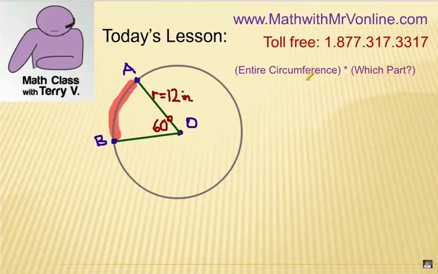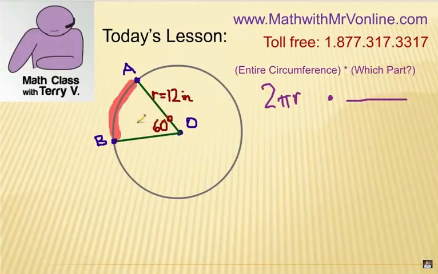Well, the formula I want you to know is we're going to take the entire circumference, so the distance all the way around the circle, and multiply it by which part of the circle we're talking about. All right? So here's what we do. We're going to take the entire circumference of the circle, which is 2 pi r, and we're going to multiply it by which part of the circle we're talking about.